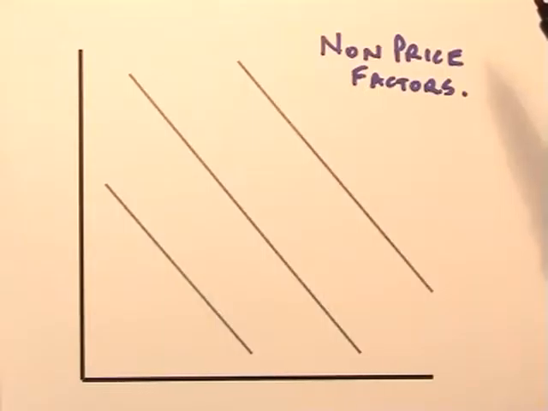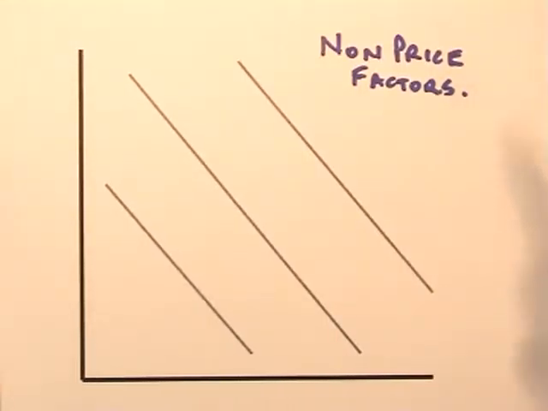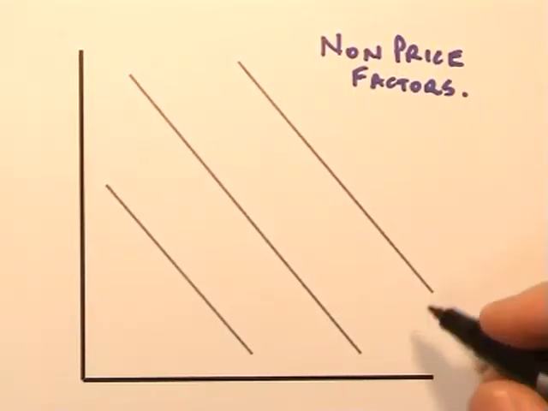A classic example of tea is the rise of different types of teas which you see on the market now. Not everybody just drinks black tea. There are green teas, there are herbal teas. Those are what we call substitutes. So thinking about the non-price factors, what we're interested in is the change that occurs to our demand curve.